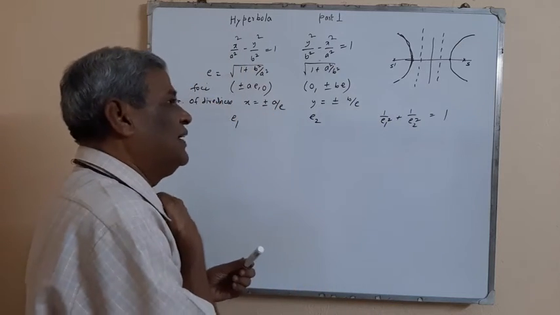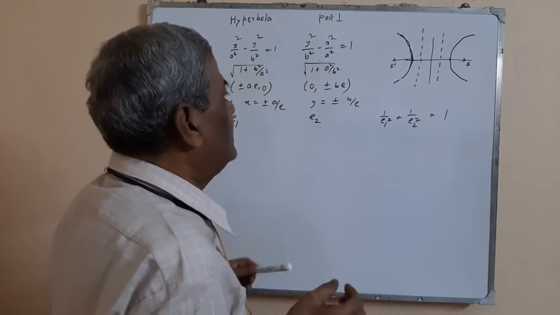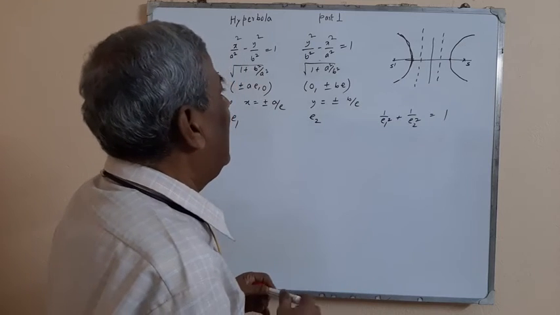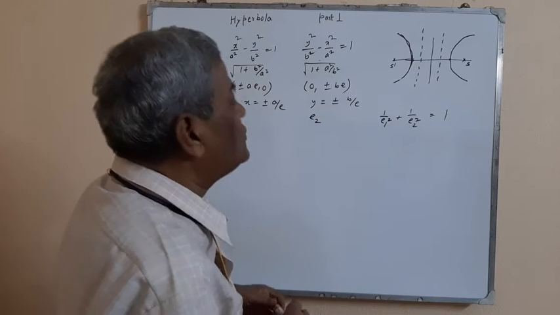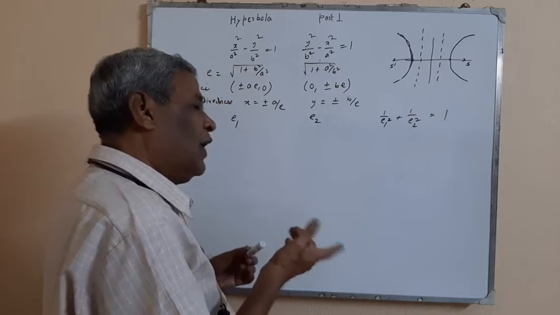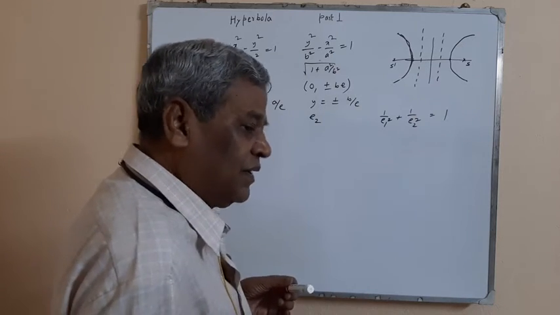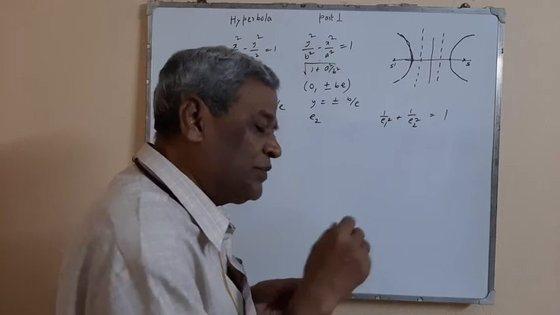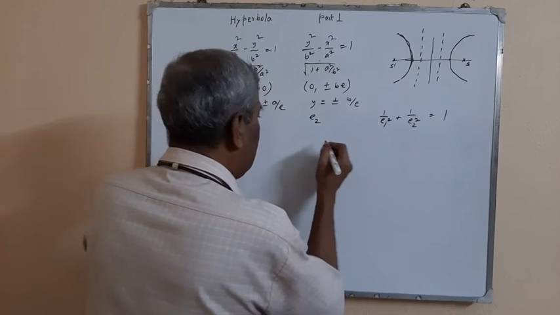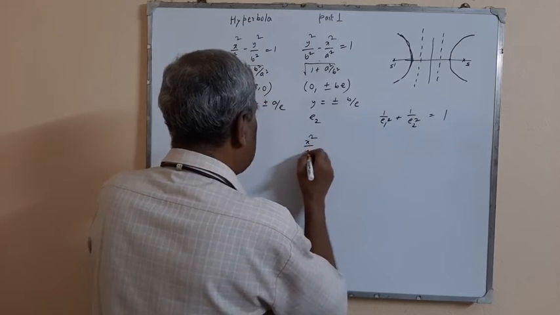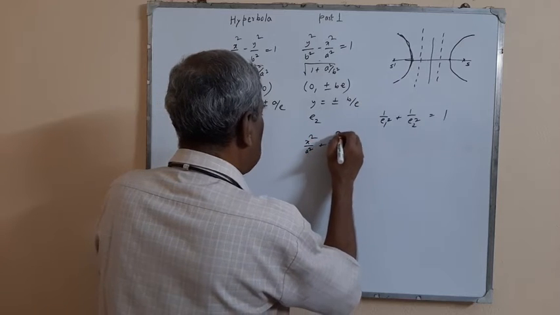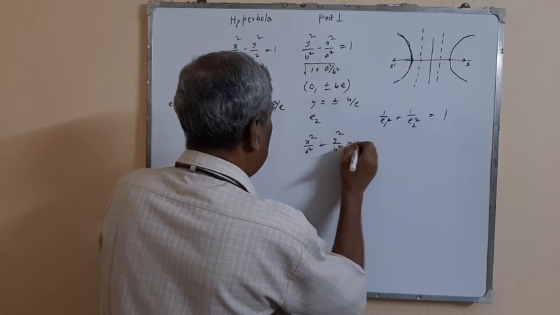So first, you have to keep in mind all these formulas and the difference between the formulas of ellipse and hyperbola. The equation of ellipse is x square by a square plus y square by b square is equal to 1.